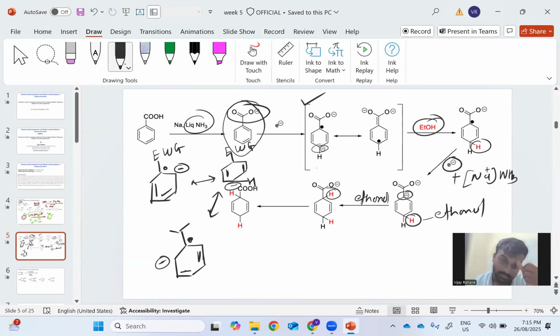So this is how the reaction works when the benzene ring has the electron withdrawing group. When there was an electron donating group, if you consider here, this will be the electron donating group. At that time the product will be in this manner.